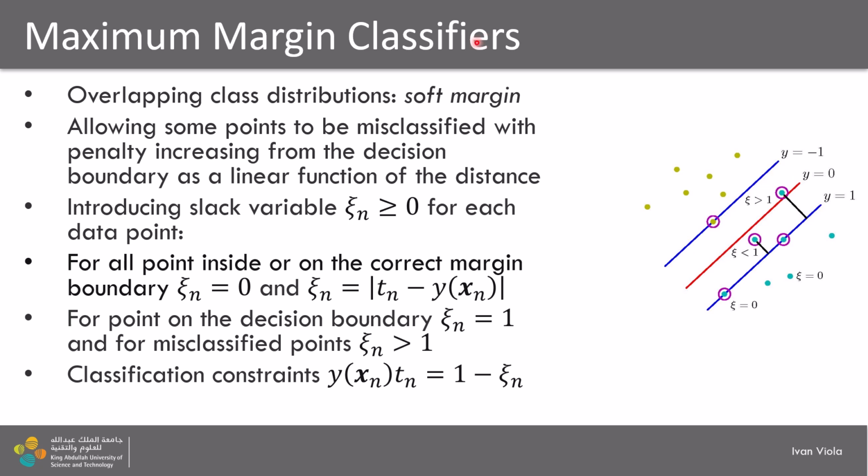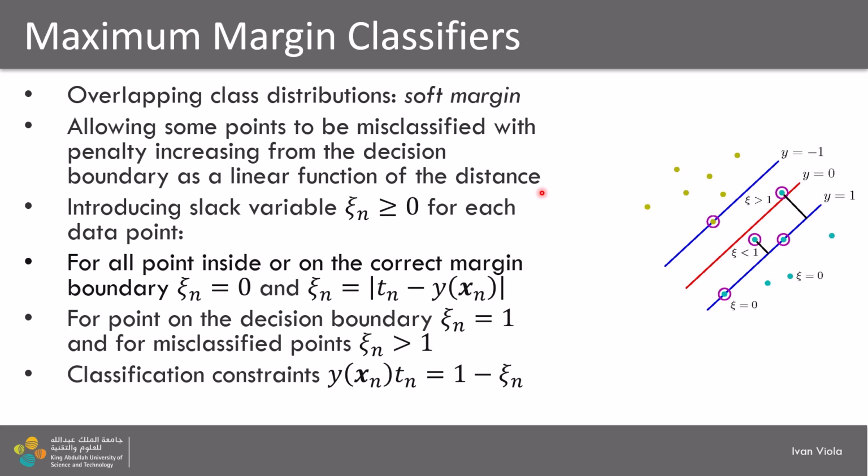In many cases, we have situations where the classes are in fact overlapping, meaning that we have several points which might make it impossible to make our classification a linearly separable problem in the feature space. So in such a case, we cannot impose a hard margin constraint, because there would be no margin to define.